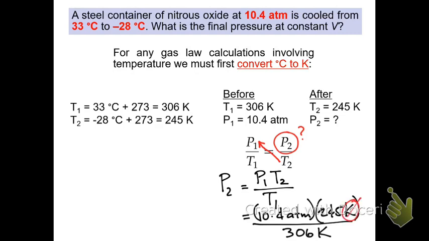All right, the units kelvins cancel out, and you're left with pressure in atmospheres. So P2 is equivalent to 8.33 atmospheres.